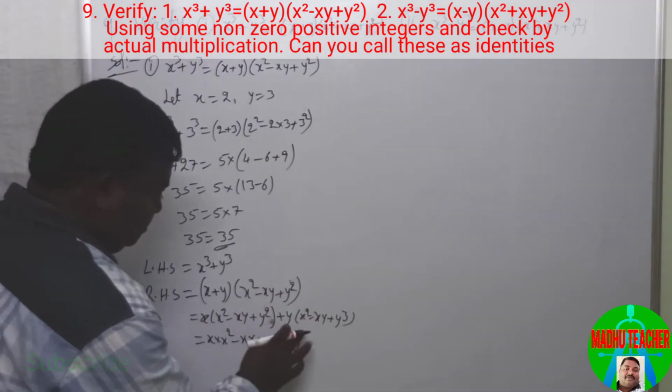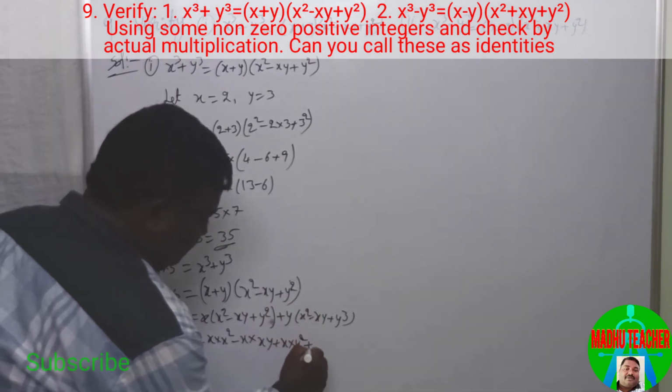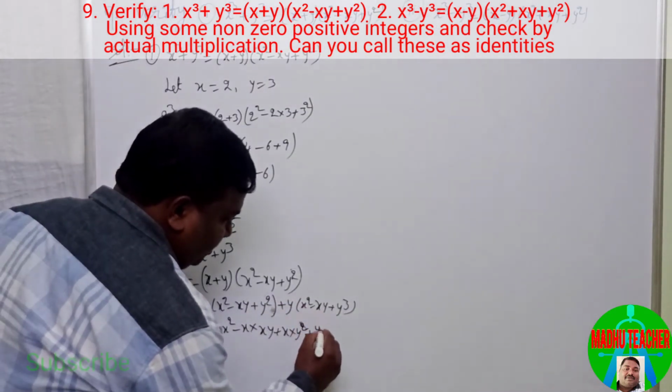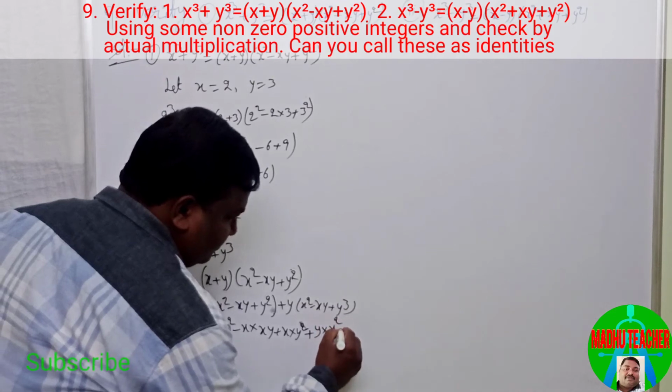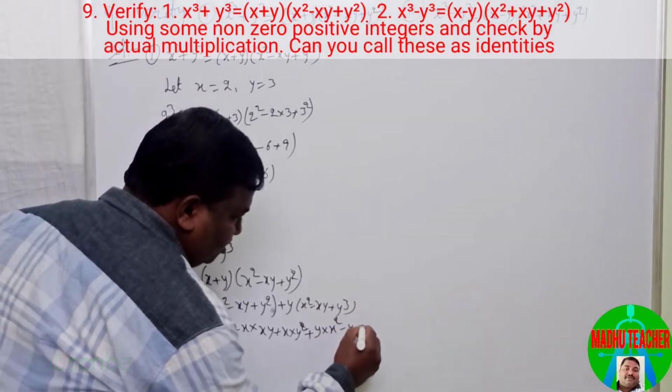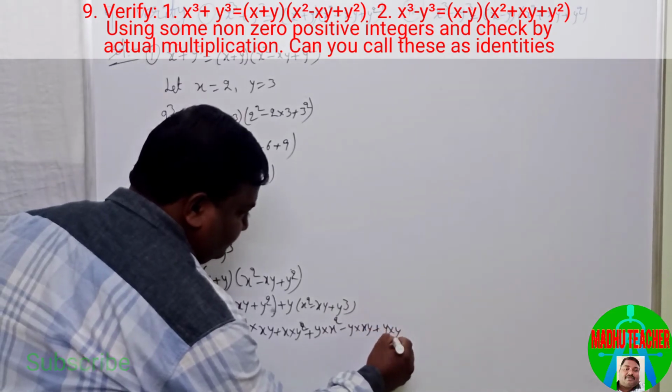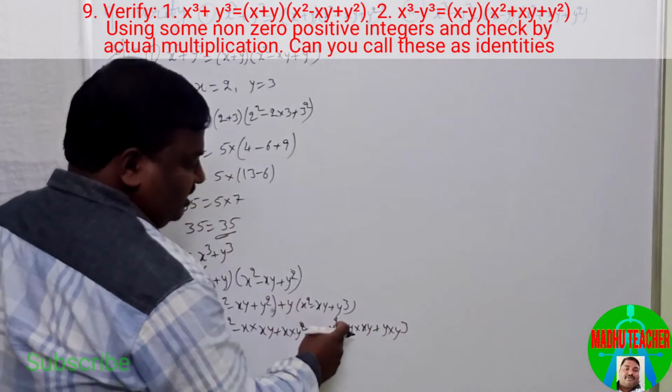Now opening the brackets, x into y square plus y into x square minus y into xy plus y into y cube. So this is plus into minus, minus.